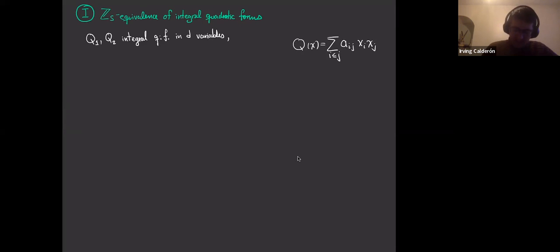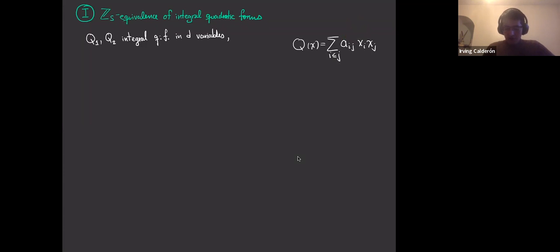So this is the general setting. We will consider Q1 and Q2 two integral quadratic forms in d variables. That means that the Qi are homogeneous polynomials of degree 2, and I ask the coefficients to be integers.